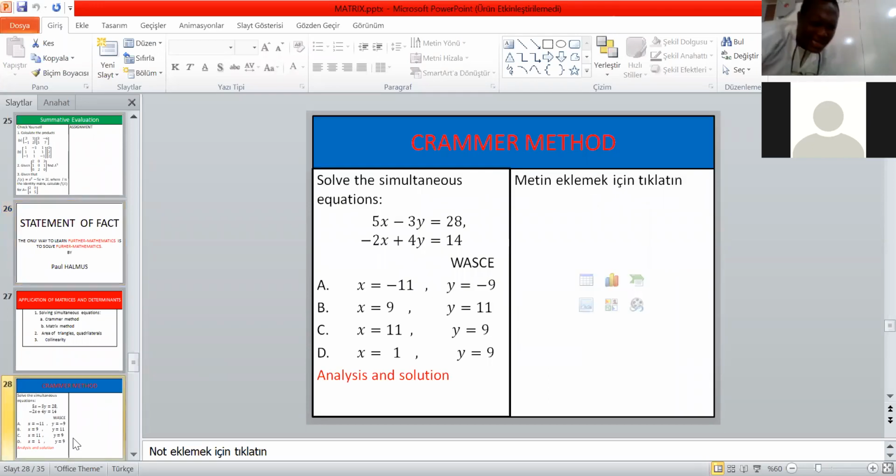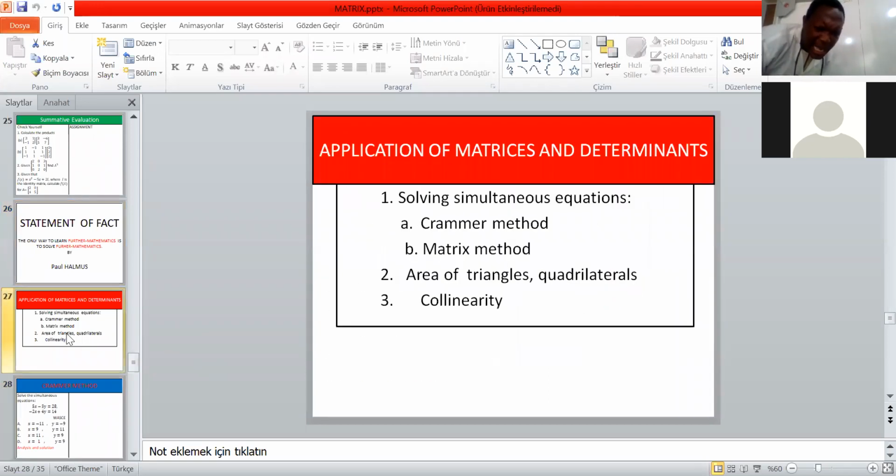Now the topic is application of matrices and determinants. We can use determinants to solve simultaneous equations. Under simultaneous equations, we have two methods: the first is Cramer method, and the second is matrix method.